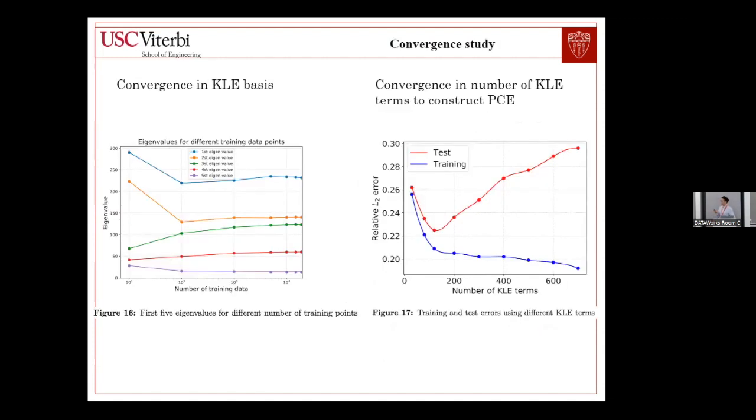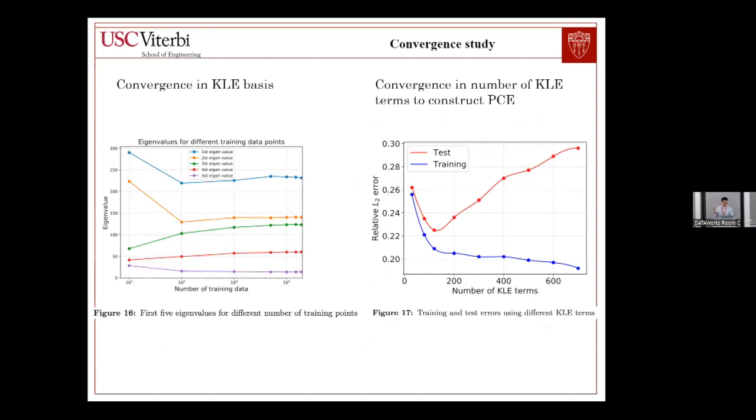Similar to most machine learning techniques, people often want to know how well your method converges versus the number of training points and the number of KL modes. This slide shows the convergence study for the number of Karhunen-Loeve bases and the number of training points, and we found the optimal points for both parameters.